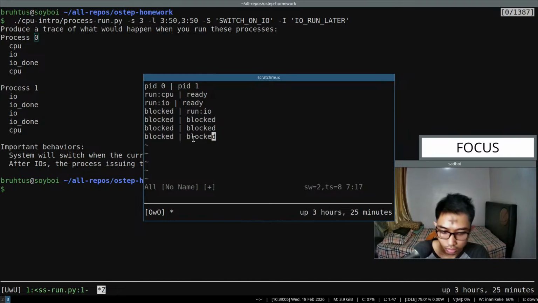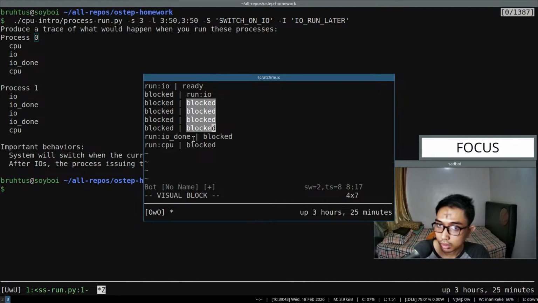1. Okay. This is 4. Okay, and then 5. Right, and then this one I think becomes an input output done, and then we're running CPU.